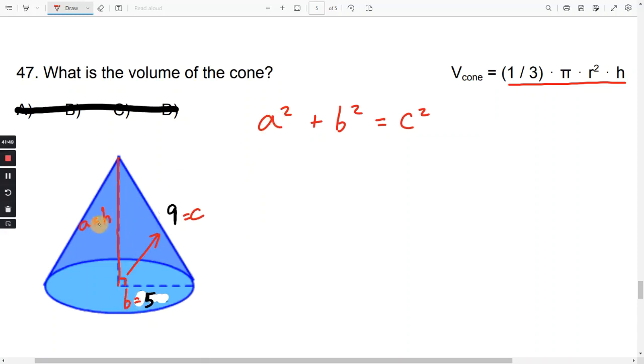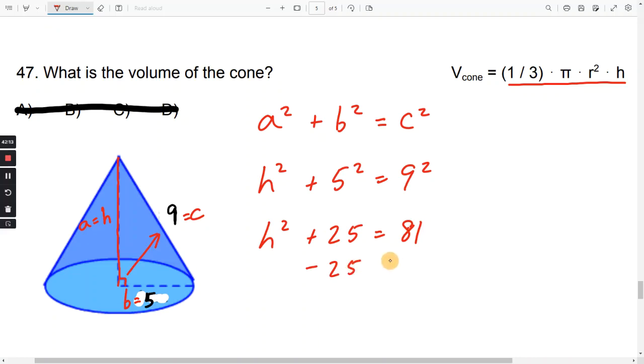So a squared is going to be the height squared. B squared is going to be 5 squared. And c squared is going to be 9 squared. Okay. You can subtract 5 squared or multiply it through. Alright, so 5 times 5 is 25 and 9 times 9 is 81. The opposite of plus 25 is minus 25.